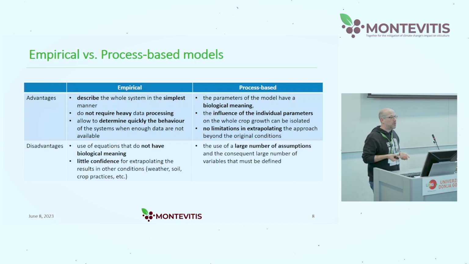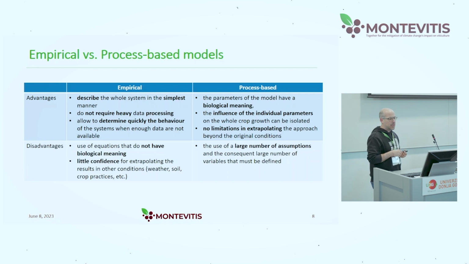For example, the empirical models describe the behavior of the plant or the relation in the simplest way, depending on whether we use these classical models, or, as Daniel said before, artificial intelligence, in which we will also increase the computing, memory, and so on. Usually, they do not require heavy data processing, especially if we do not work with artificial intelligence.